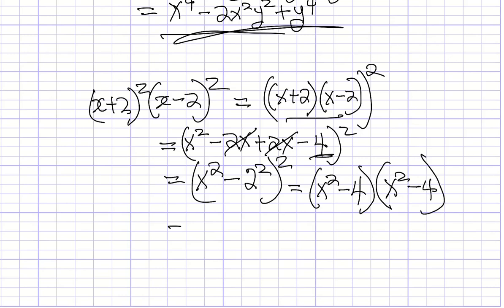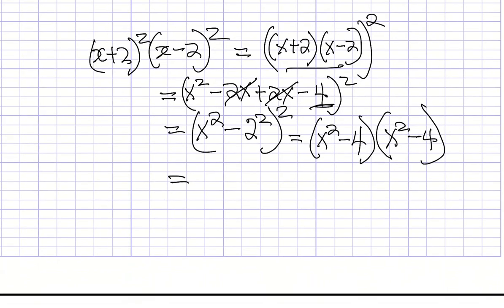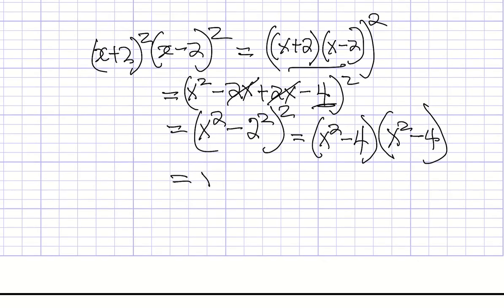They multiply out like that. What do we get? x raised to the power 2 times x raised to the power 2 will be x raised to the power 4. x raised to the power 2 times negative 4, you get negative 4x raised to the power 2.